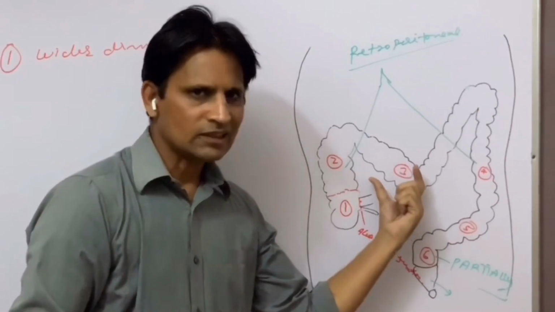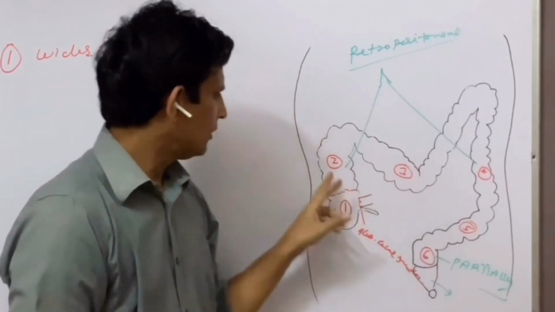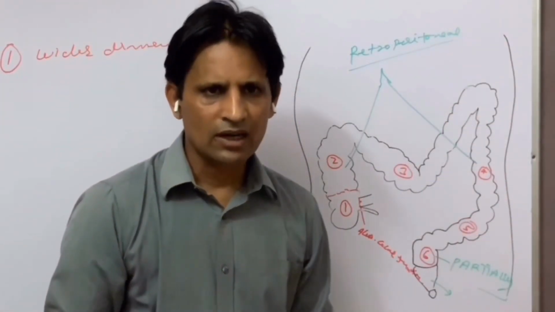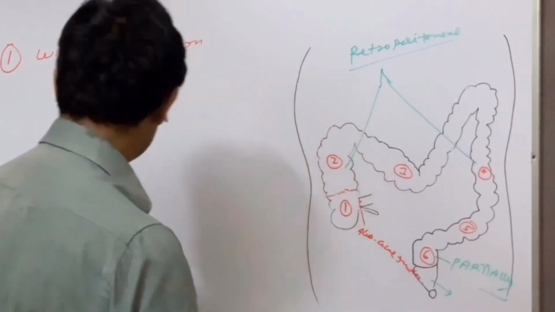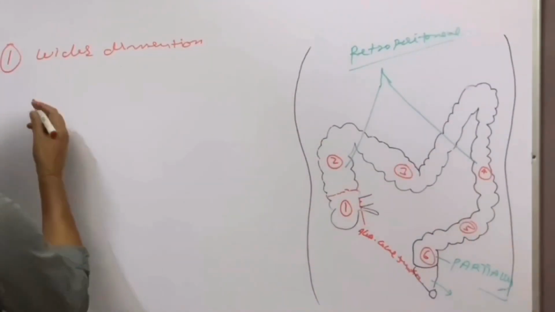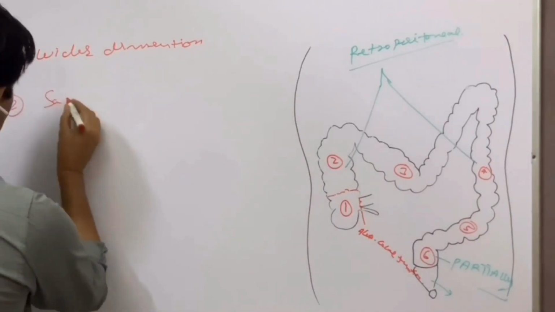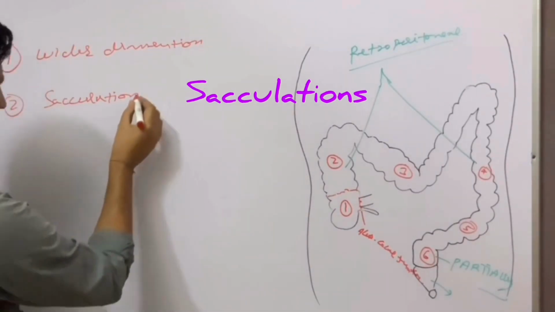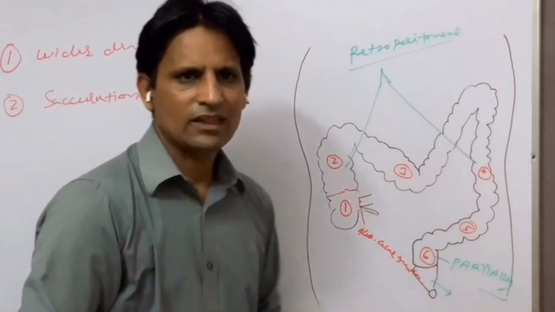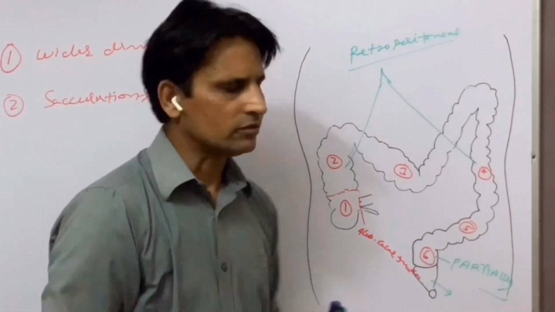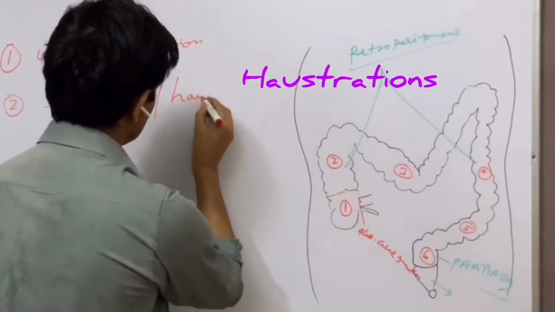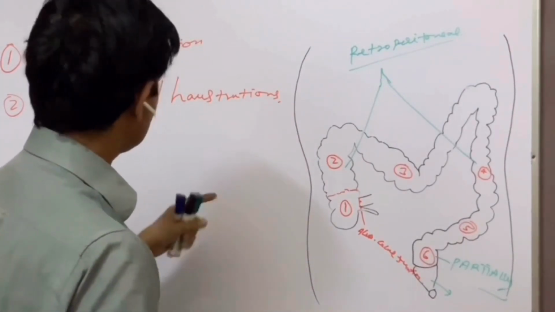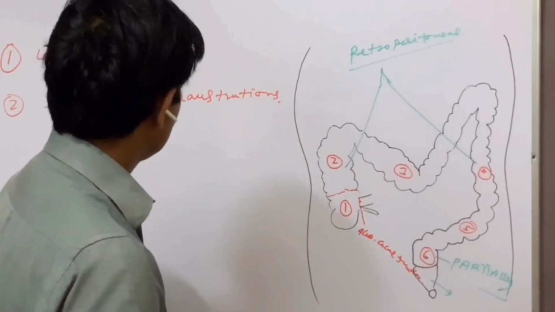These are known as the segments of the large intestine, and these segments are known as the saculation or haustrations.